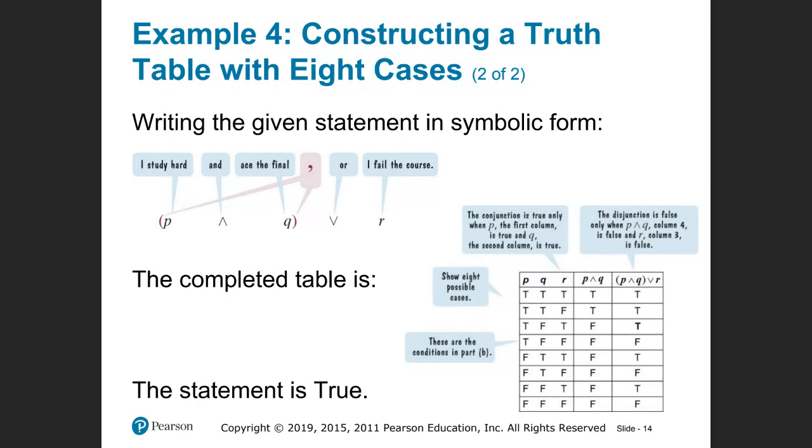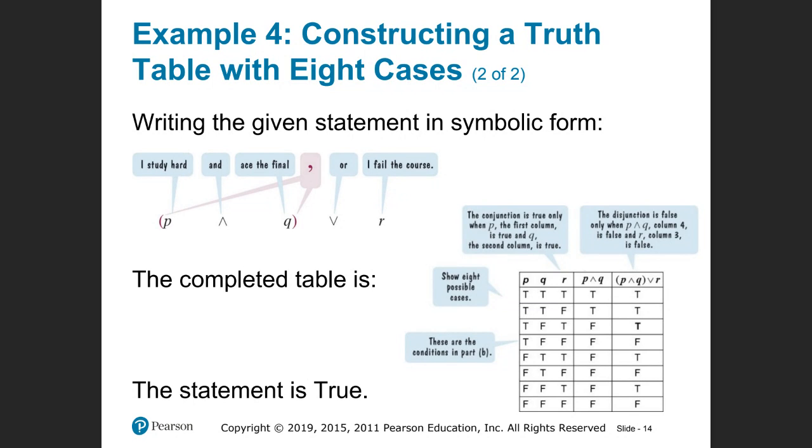The remaining lines are false because either P is true and Q is false, or P is false and Q is true. So we've got P and Q in the second column. That leaves us with the entire compound statement. So we're going to add, for the last column, the part in parentheses, P and Q, or R.